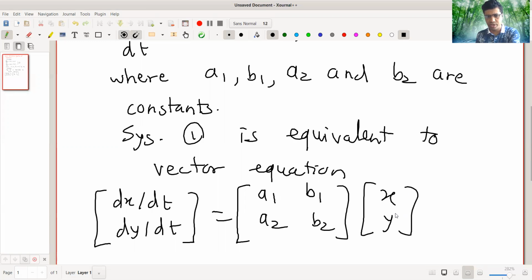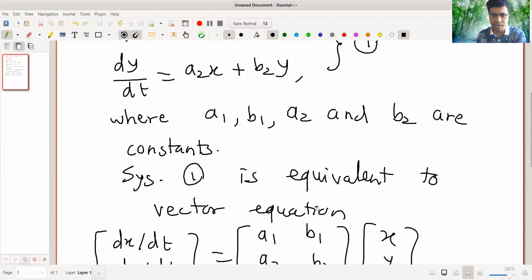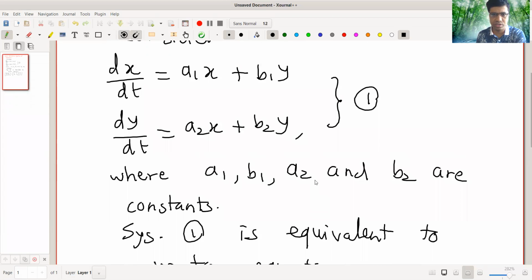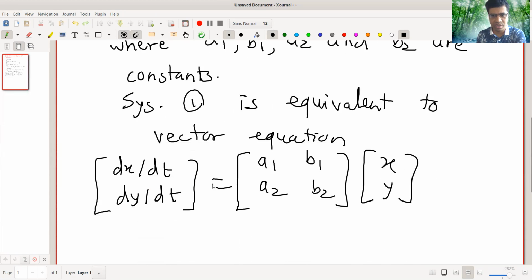Okay, so we can check easily. If we take matrix multiplication on right side, we get a1x plus b1y as the first entry, and so we have dx by dt equal to a1x plus b1y. Okay, it is same as system 1. Similarly, dy by dt is a2x plus b2y.